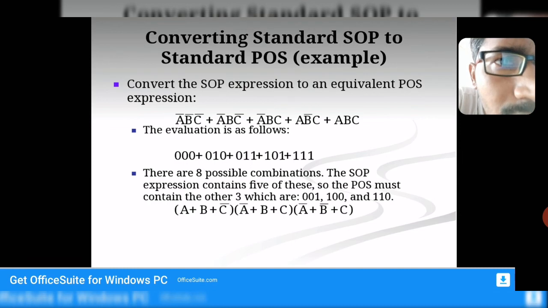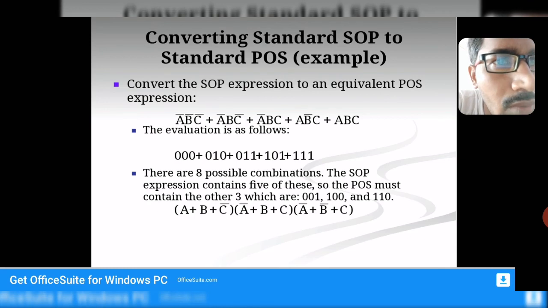In product of sum, 0 means non-complement, and in sum of product, 0 means complement. So in product terms 0 means complement, in sum terms 0 means non-complement.